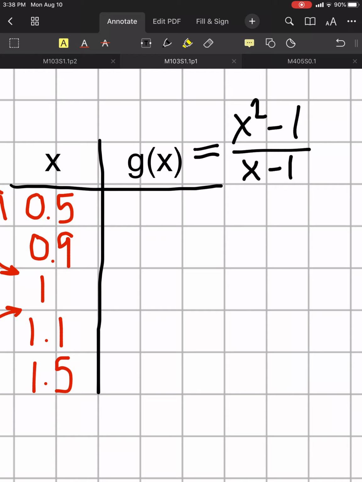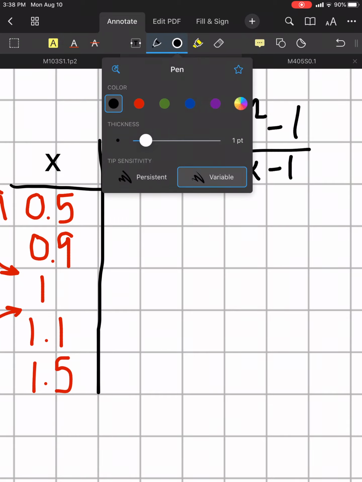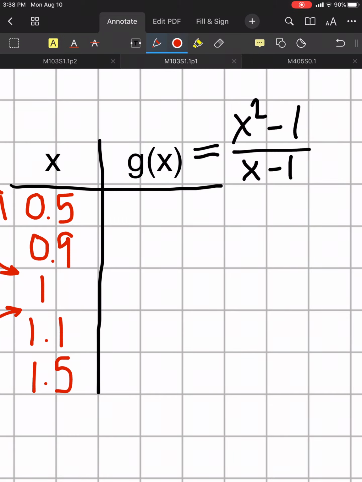So I'm going to let you pause this, and in this case, it's probably worth punching these into a calculator. You do have to be a little bit careful that you have your calculator, what you plug in, set up right so that you're doing order of operations correctly, but we'll go ahead and let you do that. So go ahead and take a little pause here to do that, and then when you restart the video, I'll fill these in.